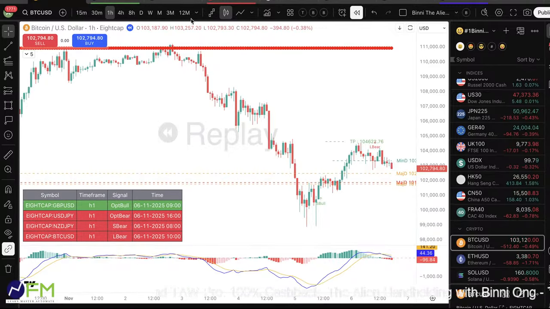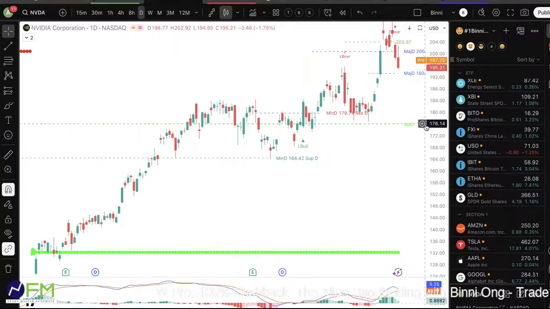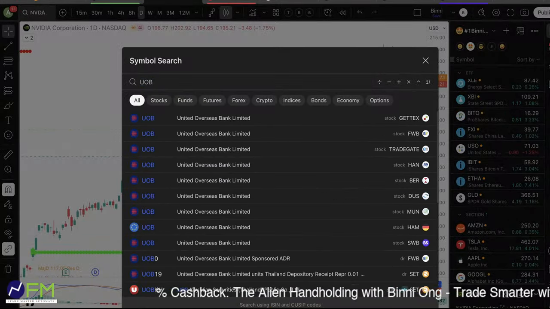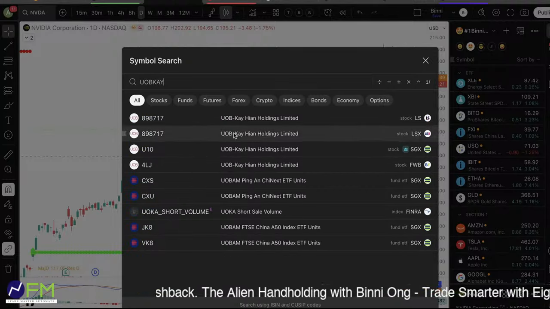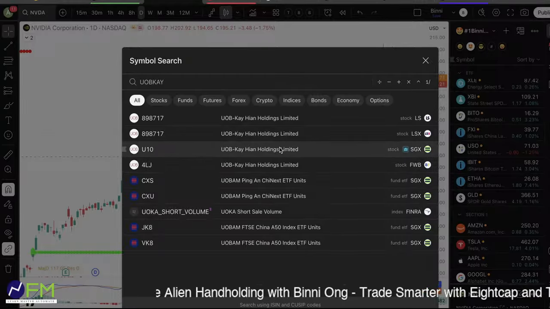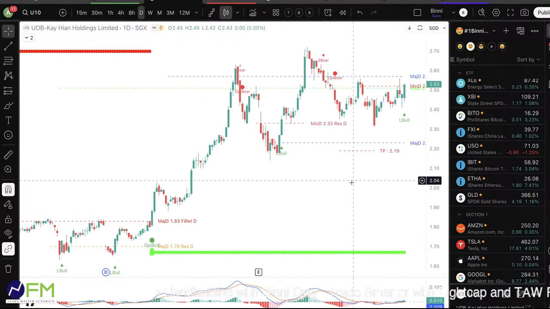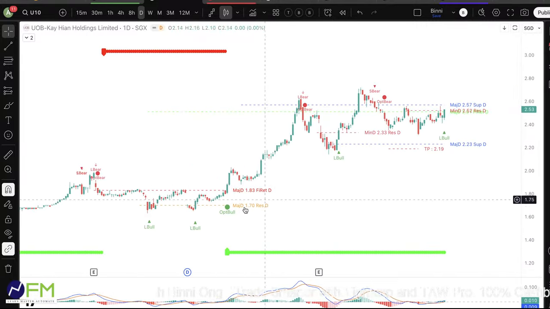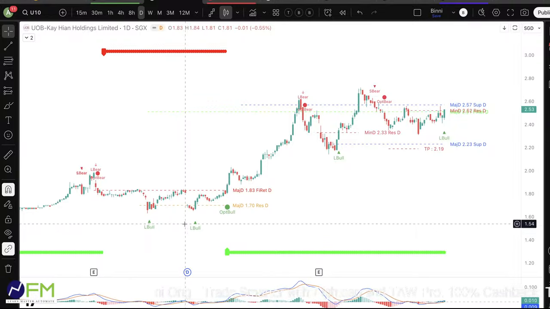Now the UOB Kay Hian, let me just go to UOB Kay Hian and show you what I mean. Let me just get the chart. Here we go. So what I mean by signals, in fact, the students don't have this version, because this version shows all the historical signals.